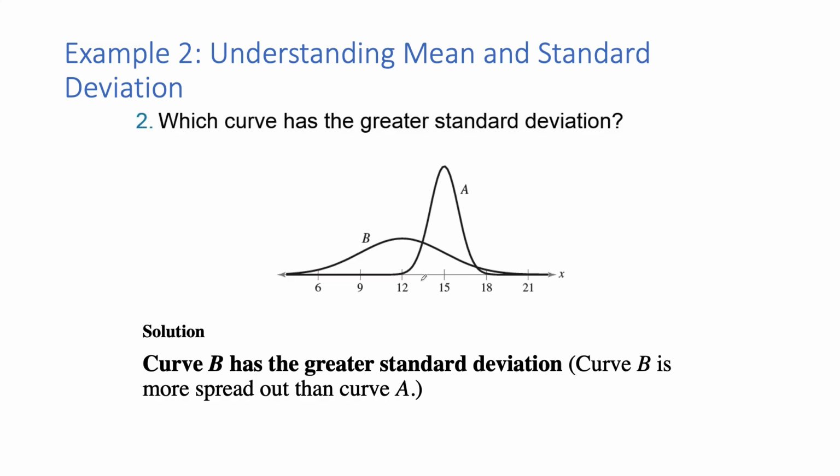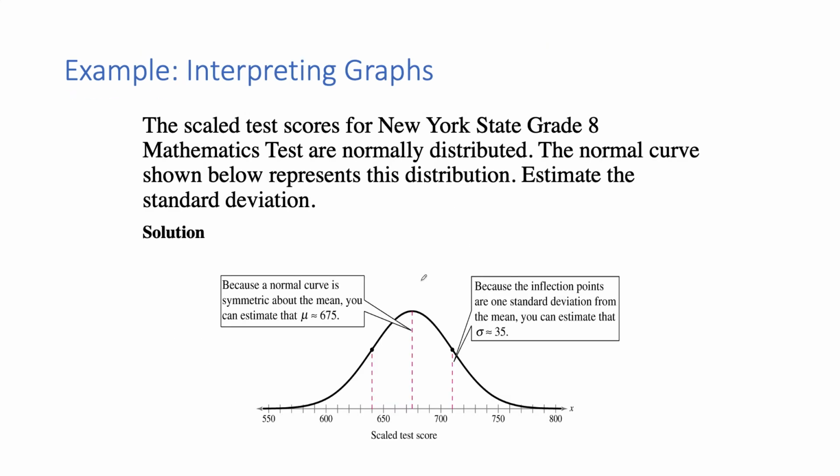So this is just to make sure that you understand intuitively what the mean and the standard deviation, as measures, represent about the data set, what crucial information they're conveying about the data set itself.